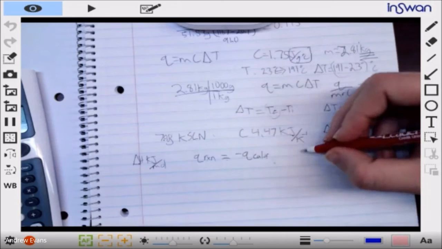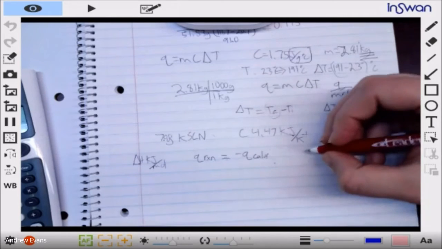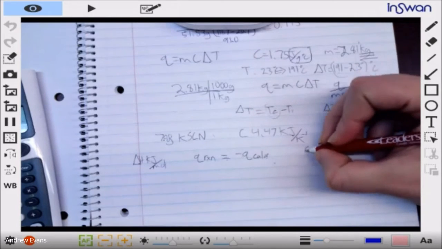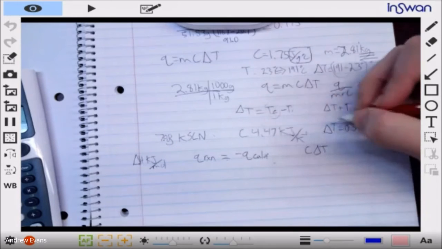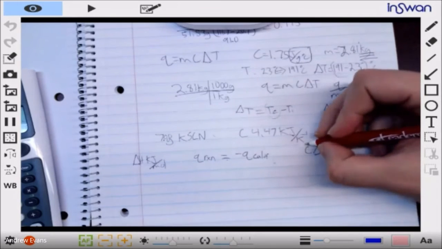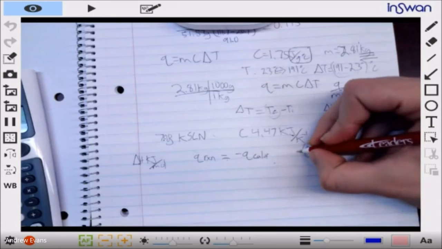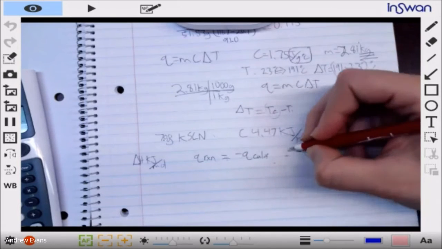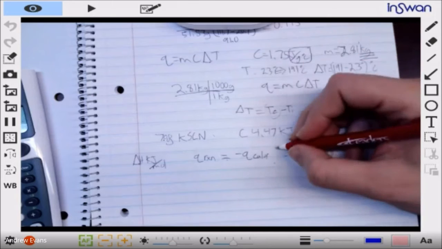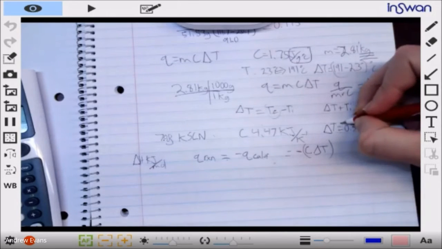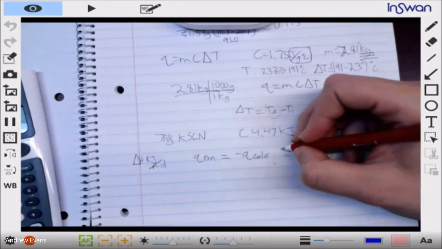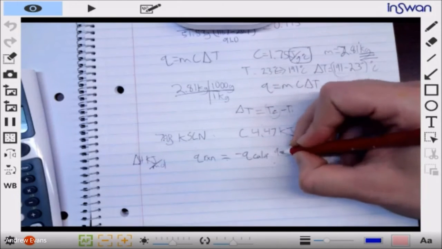Now the calorimeter is described by C delta T. There's our C, there's our delta T. So we're saying that the Q of reaction is equal to negative C delta T.